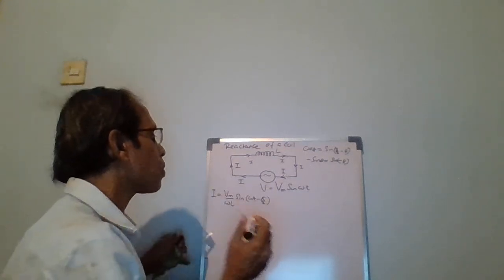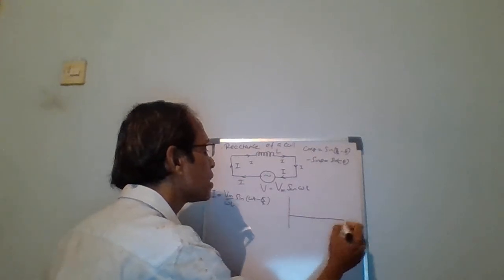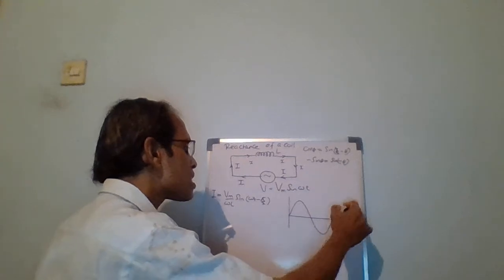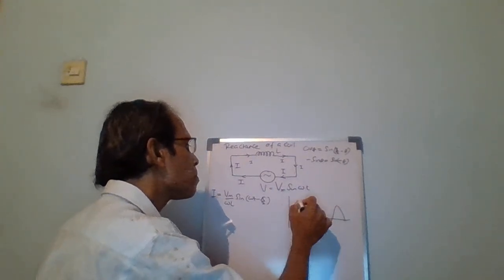Now if you plot the curve, this is Vm, that is the V curve.